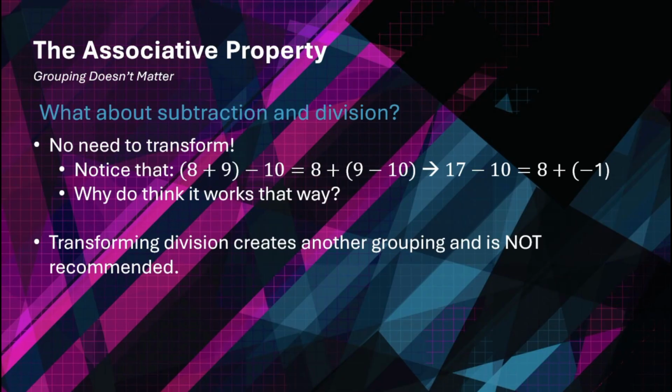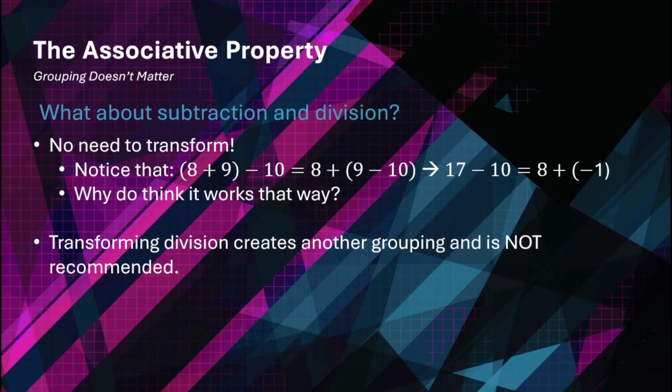Now, what about subtraction and division? Can I do math magic again? Well, it turns out you don't need to for subtraction, because of the way integer arithmetic works, you're going to get the same answer regardless. So 8 plus 9 quantity minus 10 gives you 17 minus 10.